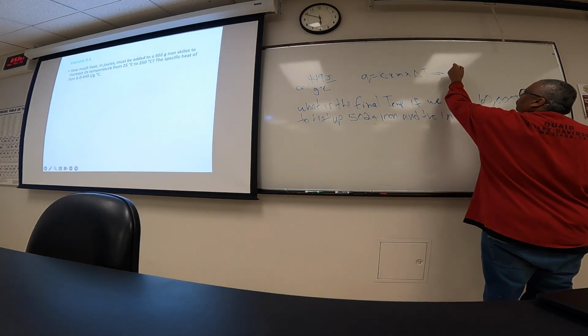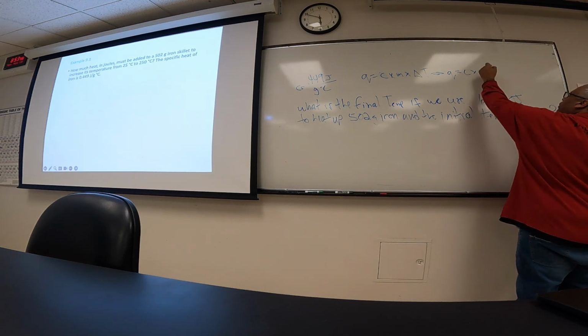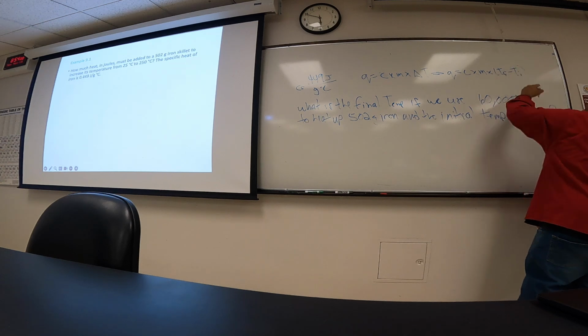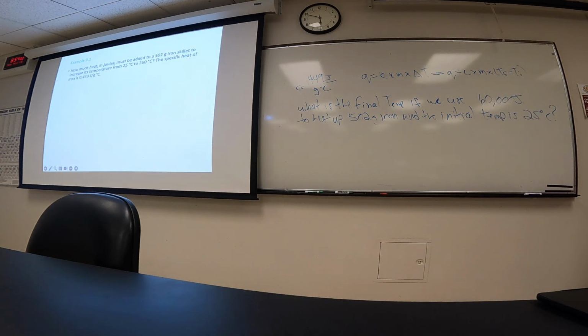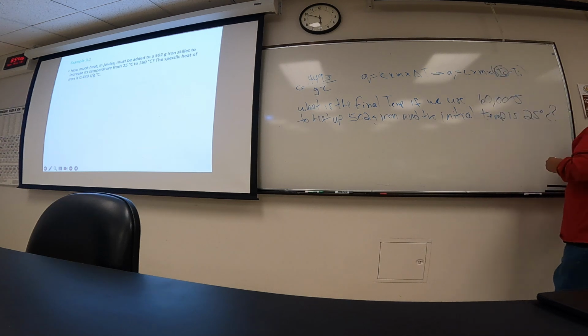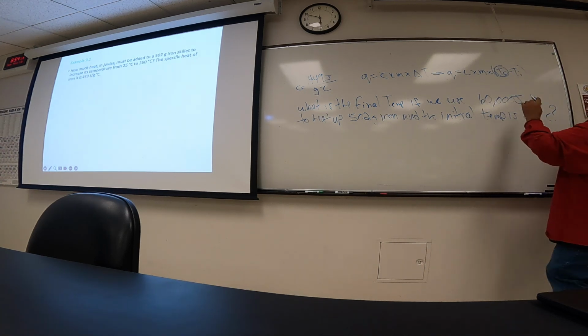Q equals specific heat times mass times temperature final minus temperature initial. This is what we're trying to find, the final temperature. So we're going to have to rearrange this. It's just some algebra before we can get started with the actual problem.